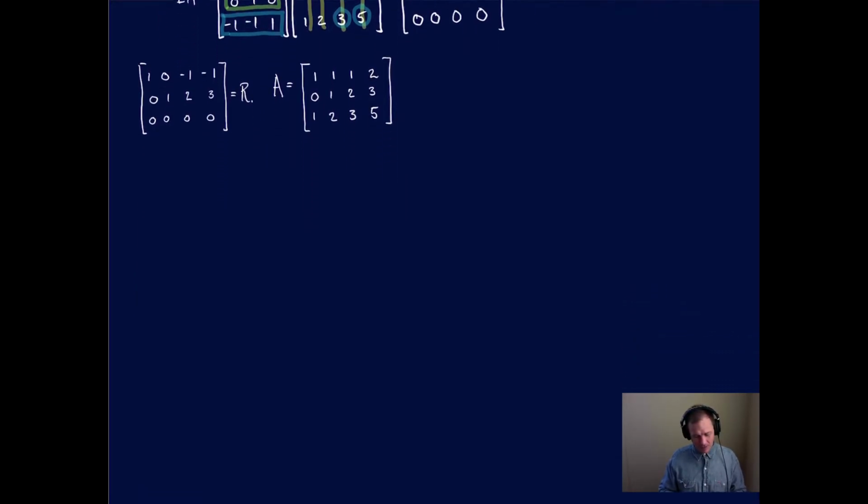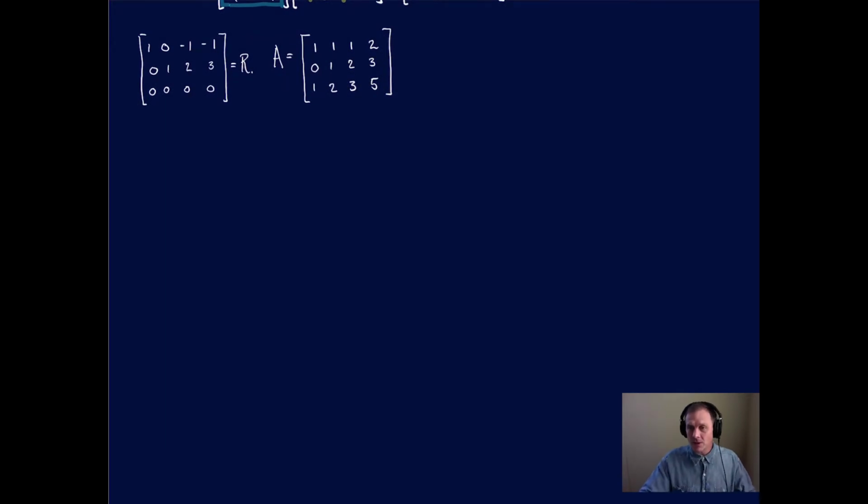So let's start with things we know. First, what do we know? We know that the column space of A comes from pivots in R, the matrix R. Well, where are my pivots?